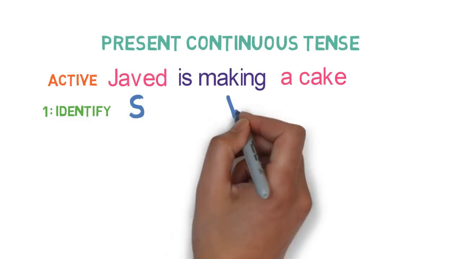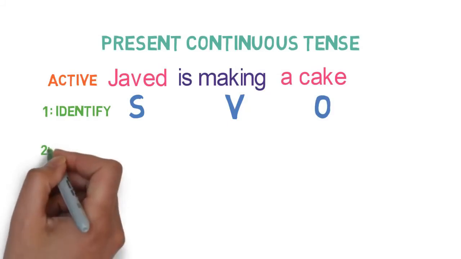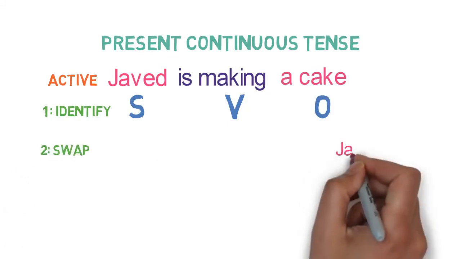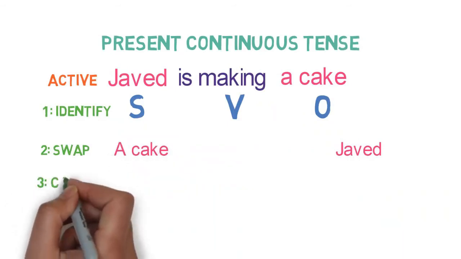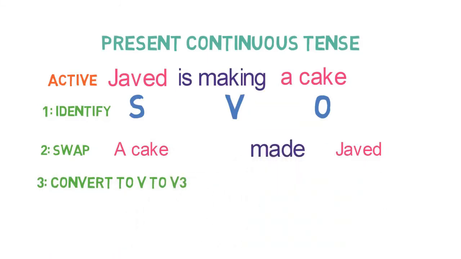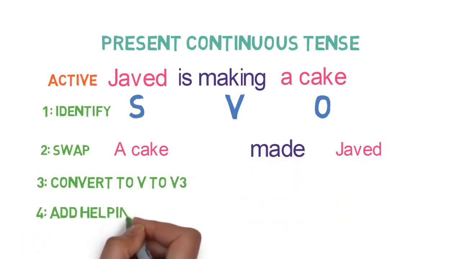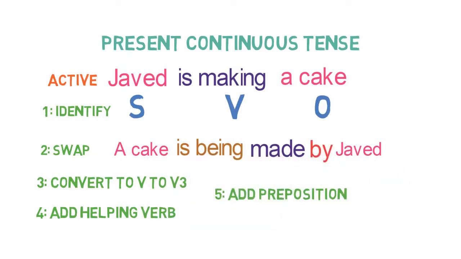Identify the subject, verb, and object. Then swap: a cake becomes the subject. Convert the verb into verb 3: making becomes made. Then add the helping verb. So, a cake is being made by Jadav.